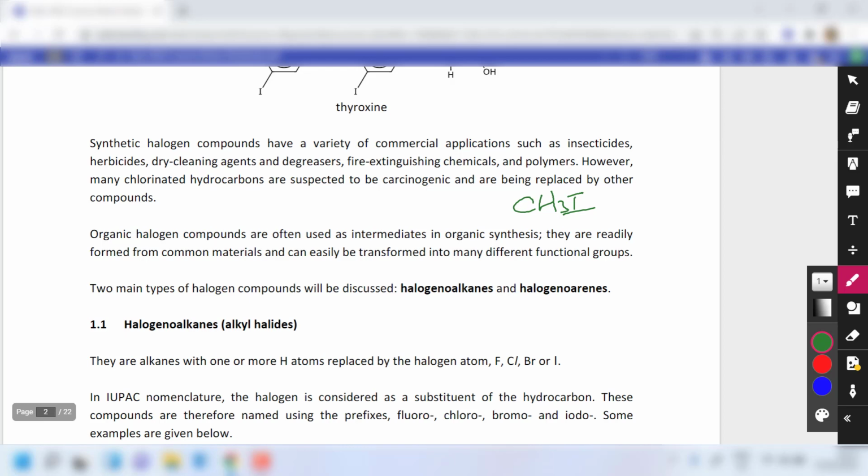Because when that happens, especially on DNA, then you're going to get into serious trouble, because it may lead to some form of mutation, and maybe your DNA cannot produce the necessary proteins which are needed for your survival. Okay, so you can just try to Google iodomethane as compared to, say, chloromethane. Iodomethane is a much stronger carcinogen as compared to chloromethane.